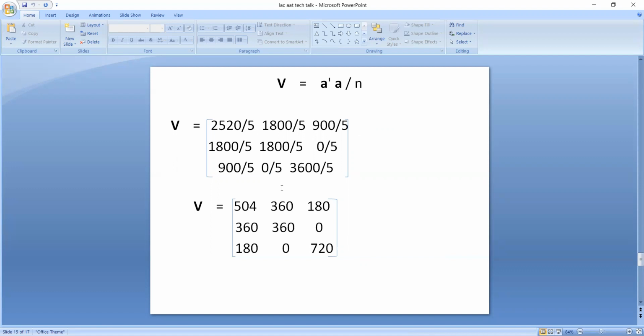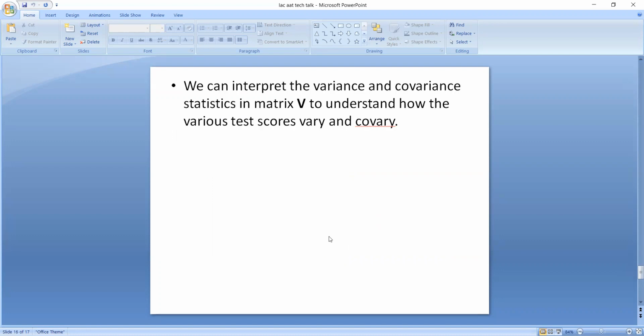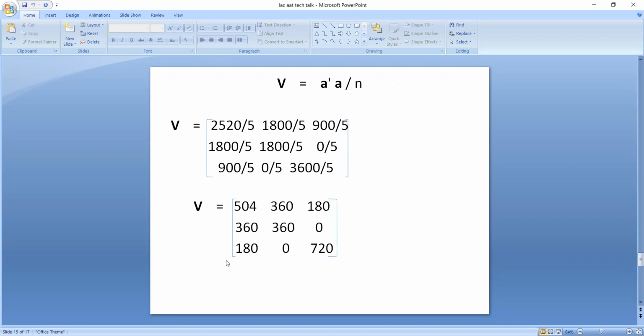After division by n equal to 5, we obtain the variance covariance matrix V, where the first row contains 504, 360, 180, the second row contains 360, 360 and 0, and the third row contains 180, 0 and 720. This is the finally obtained variance covariance matrix.